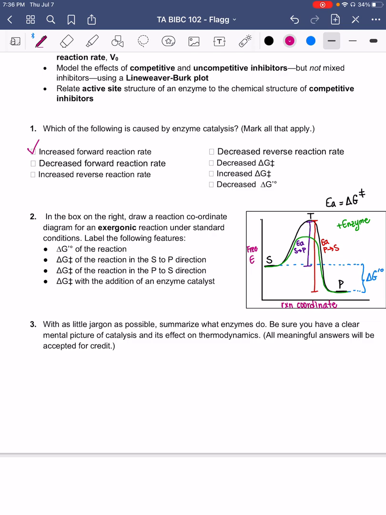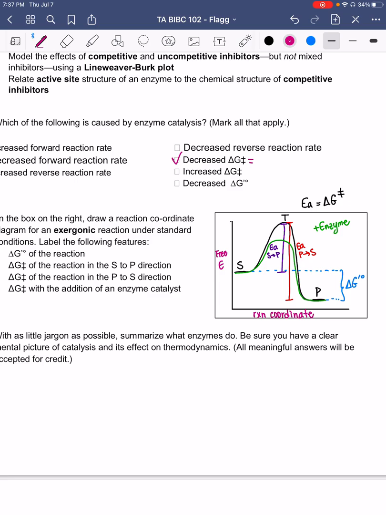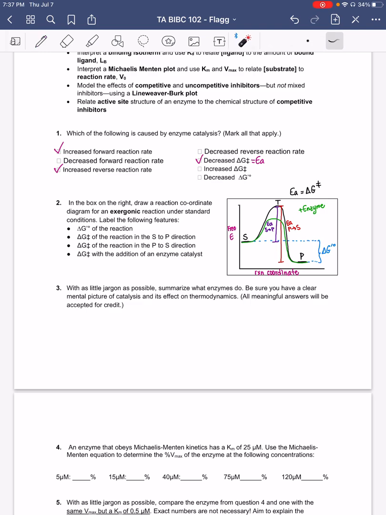It will also increase the reverse reaction rate, again, by reducing the activation energy. And exactly what I just said, it will decrease the delta G double dagger, which is, as you remember, the same thing as activation energy. So those are the 3 answers for question number 1.